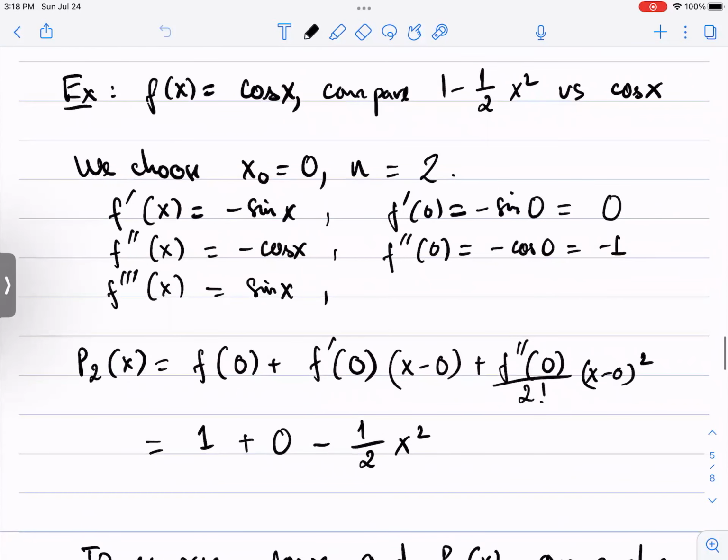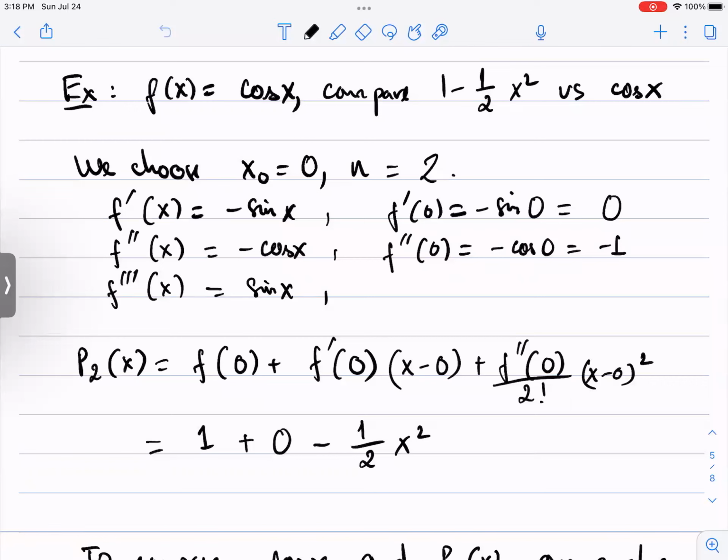We choose x0 equal 0 and n equal 2. Then the first step is to construct the Taylor polynomial. And to do that, we have to compute the derivatives of the function.